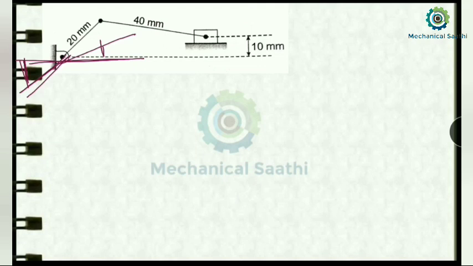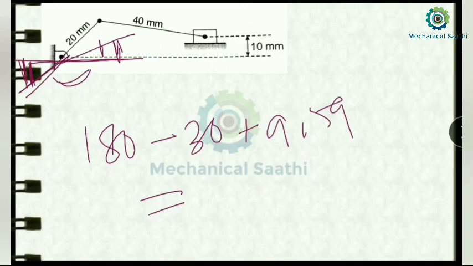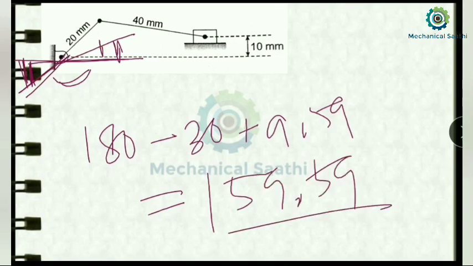So we write 180 minus 30 plus 9.59. If we calculate this value, we get 159.59.